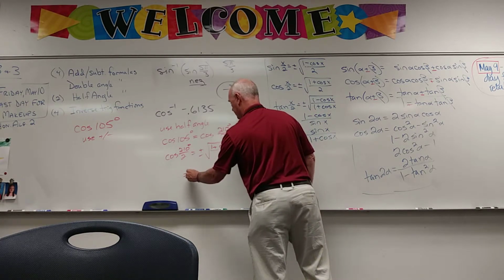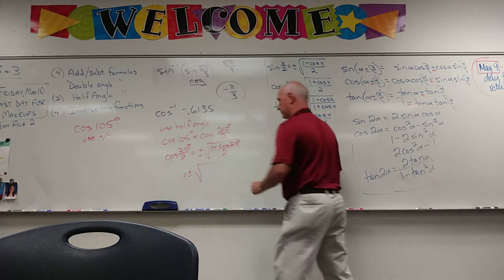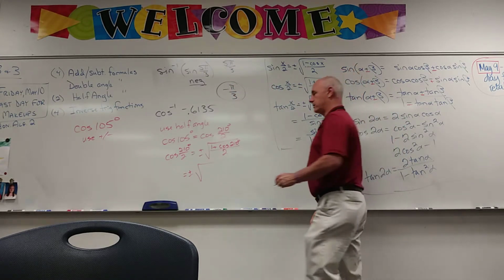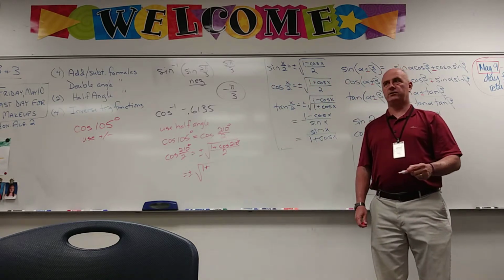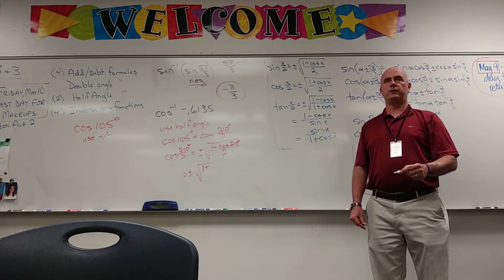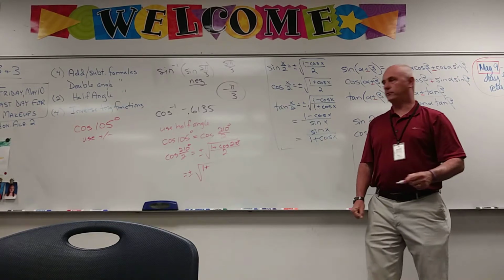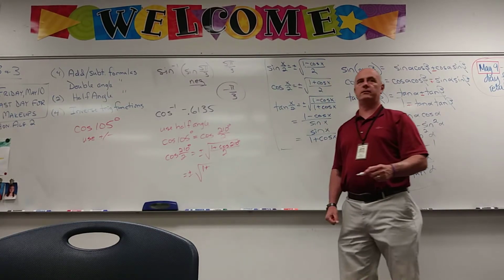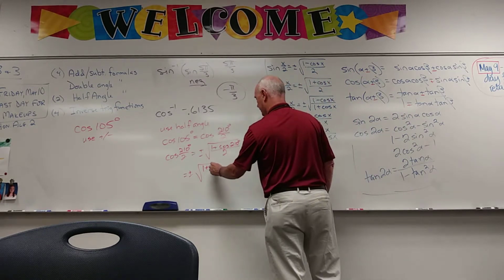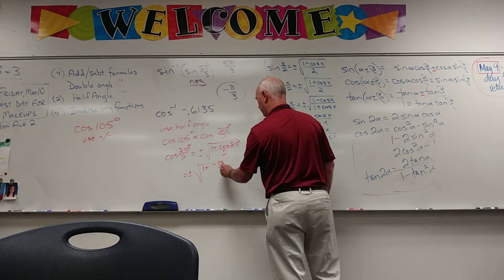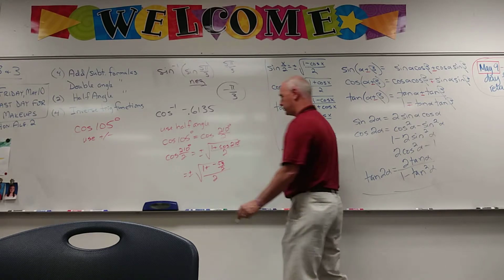So the key here is, what is the cosine of 210 degrees? The reference angle is 30 degrees, and the cosine of 30 degrees is square root of 3 over 2. Since 210 degrees is in Quadrant 3, that square root of 3 over 2 is negative. So we have 1 plus negative square root of 3 over 2, all over 2.